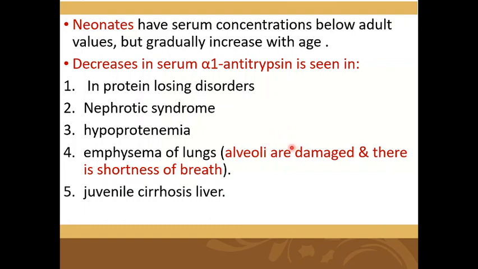Obviously, whenever the alveoli are damaged, the oxygen will not be properly transported and there will be a shortage of breath. Juvenile cirrhosis of liver, that is in childhood, in young children, when the liver suffers from cirrhosis, that is liver cirrhosis in children, newborns. So in all these conditions, a decrease in serum alpha-1 antitrypsin is seen.